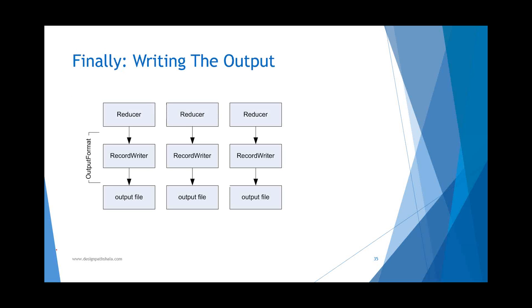As your record reader reads the data, there is something called a record writer which writes your data, and there is a corresponding output file which is created. Now you can guess the reason why there are different output files when my Mapreduce runs. There is a dedicated record writer and file output format associated with the reducer, and each reducer will write its own file.